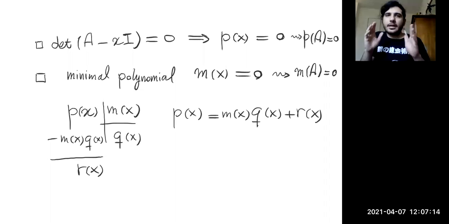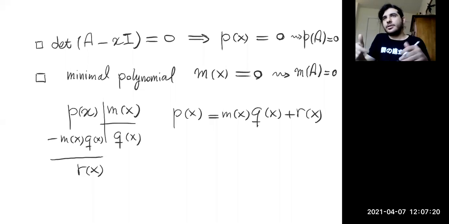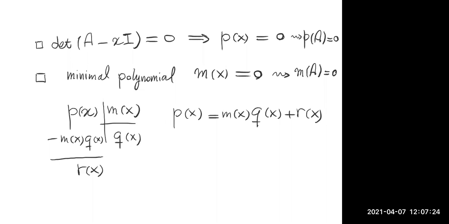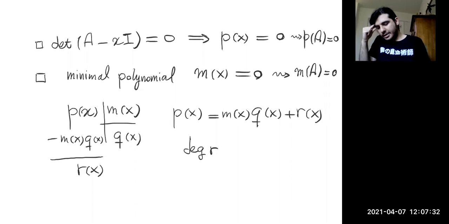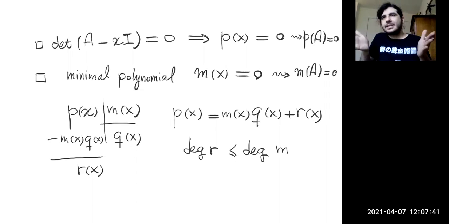Now, there is a condition the remainder satisfies. Does anyone remember? The remainder of this division should have some property. I think that its degree is less than or equal to the degree of m. That is correct. So the degree of r is less than or equal to the degree of m. So let's see, what is this r?